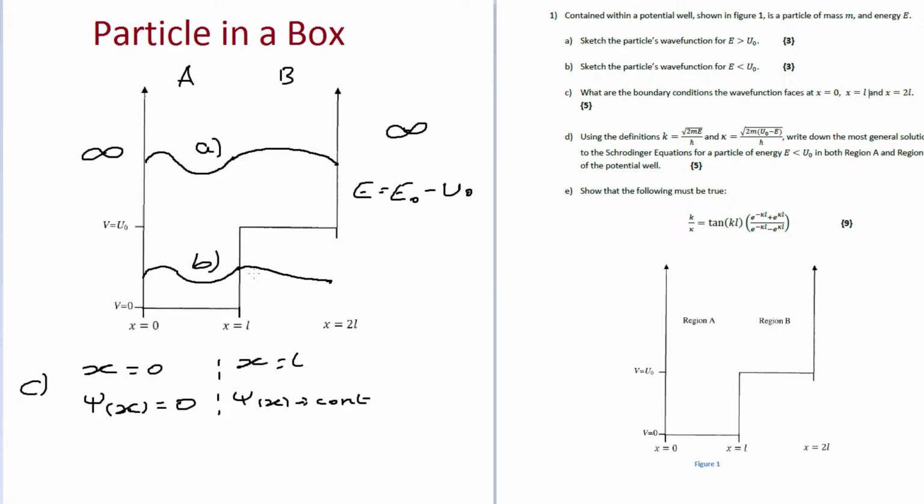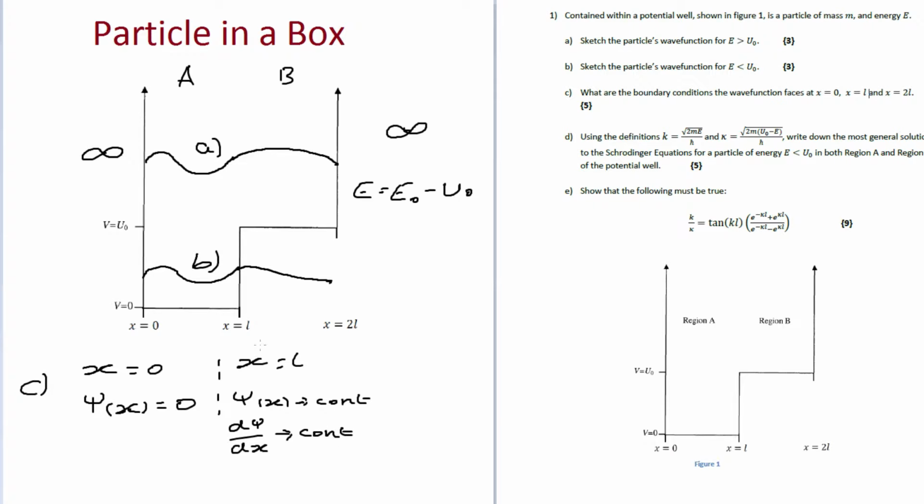And the second thing is that our wave functions are smooth. So there's no jagged changes here. Our wave function isn't sort of going like this. It's a smooth line between them. And what this means is that the derivative of the wave function, d psi by dx, also has to be continuous.